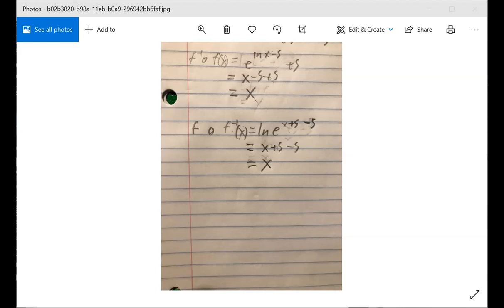The other one's e to the x minus 5. Okay, got it. Go back to the previous screen, right?